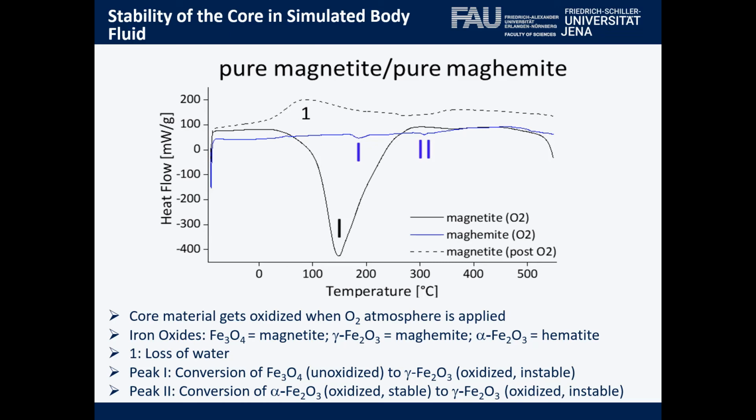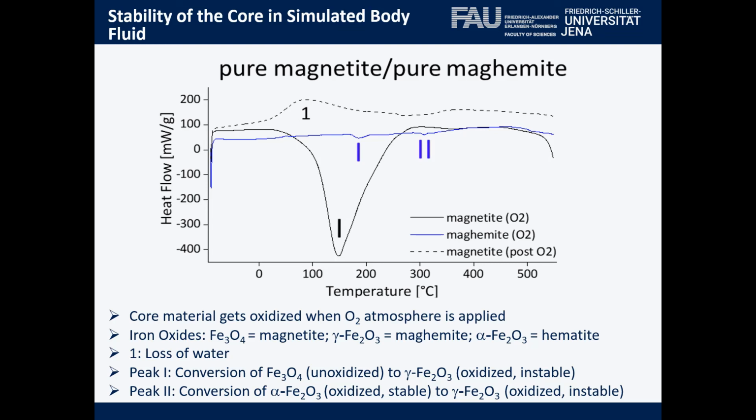This is the maghemite, where we see no such peak number 1, and therefore we concluded that we have a conversion of the magnetite to the maghemite. We also applied a second test cycle to the magnetite, where we see no peaks anymore, and therefore we can say that we have a complete oxidation during the first run.